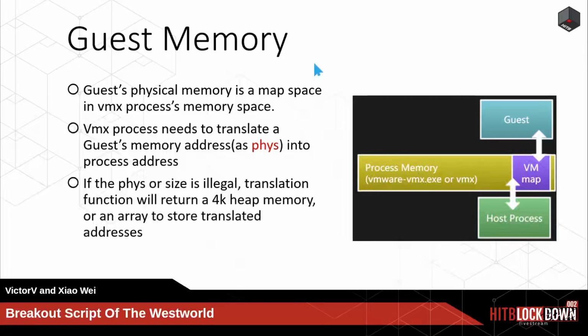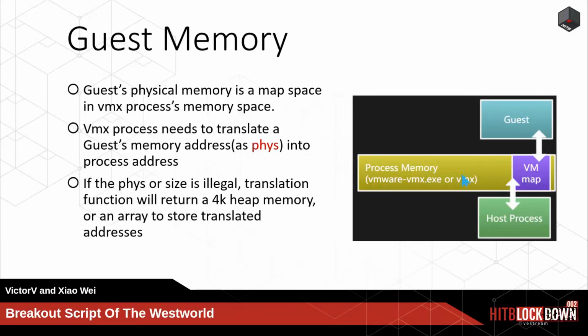At first, let's find out where the guest physical memory is. Look at the picture. The yellow rectangle represents process memory. The purple rectangle named WebMap represents guest physical memory. WebMap is a mapped space in process memory.